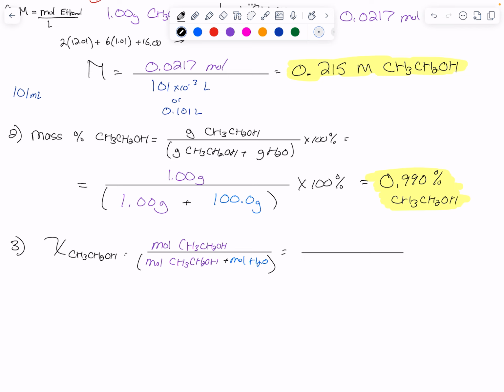Our moles of ethanol, already calculated, was 0.0217 moles.